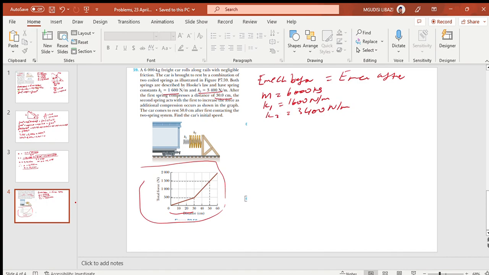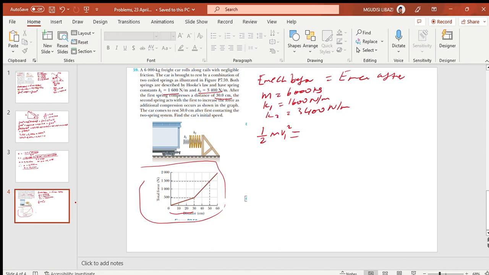So now going back to our energy equation, initially the car was moving, so that means we have 1 over 2 mv squared, which is the kinetic energy. Of course, there's no change in height, so the potential energy before and after will cancel, and we'll assume we want the velocity of the car just before it compresses the first spring.